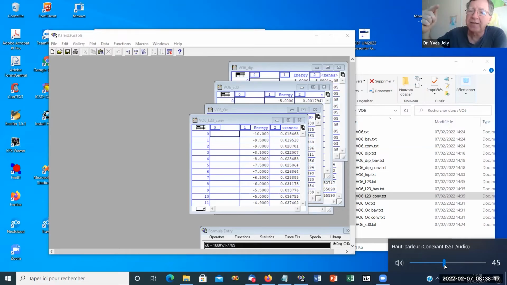It means that transitions toward occupied states are also calculated. So that is what you get in this non-convoluted file. Afterwards, in the convolution, the code realizes that is not correct, and so it suppresses what is below 0, what is occupied, and then makes the convolution.